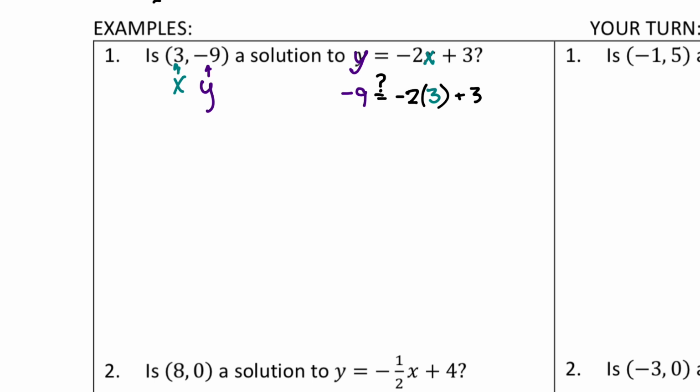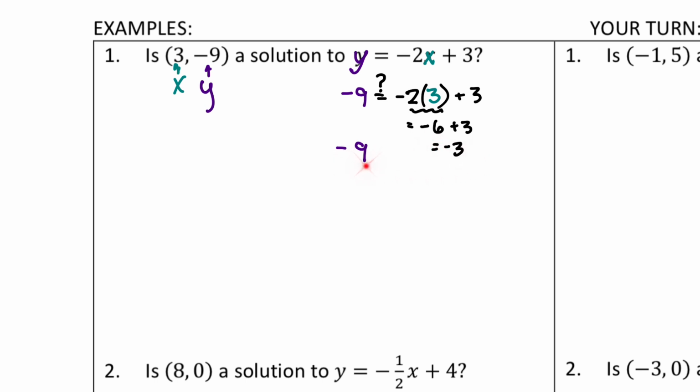Okay, so over here on the left, it's already done, so now let's figure out the right. So on the right, we're going to do order of operations. We're going to multiply first, and we get negative 6 add 3. Negative 6 add 3 is negative 3. So in other words, is negative 9 equal to negative 3?